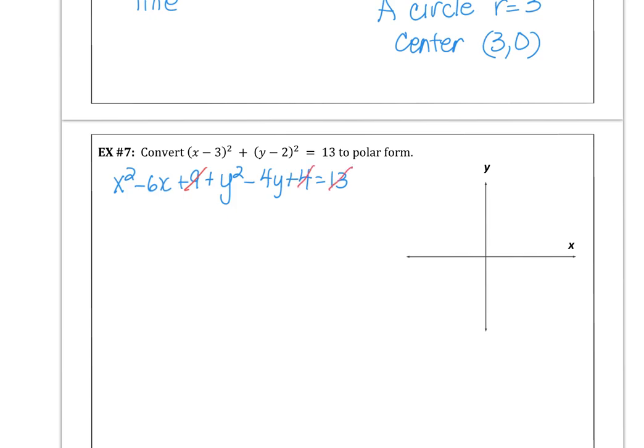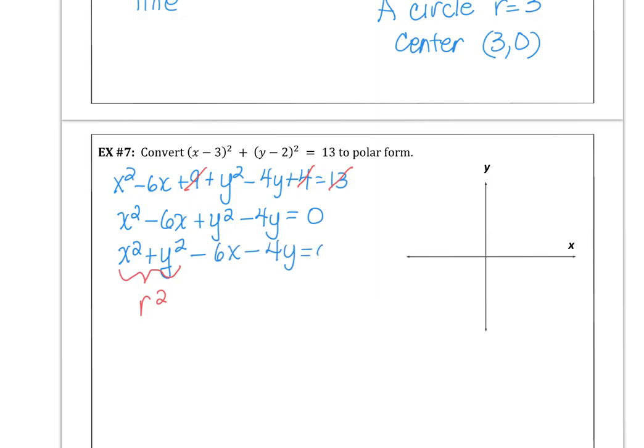There's 13 on the right side. We have x squared minus 6x plus y squared minus 4y equals 0. Let's put the x squared and the y squared together because we know that represents r squared. And then minus 6x and minus 4y.